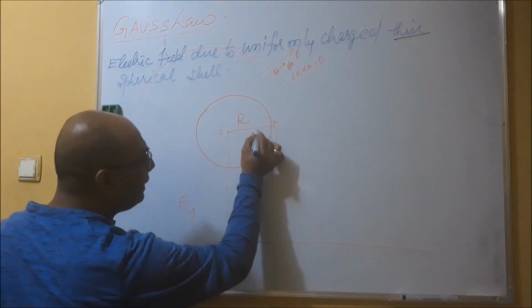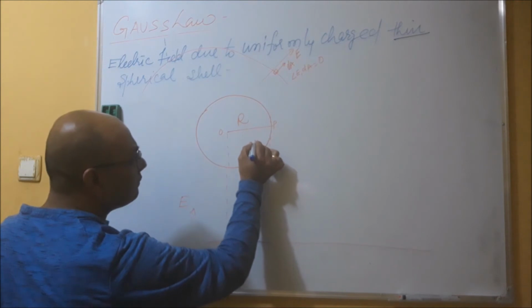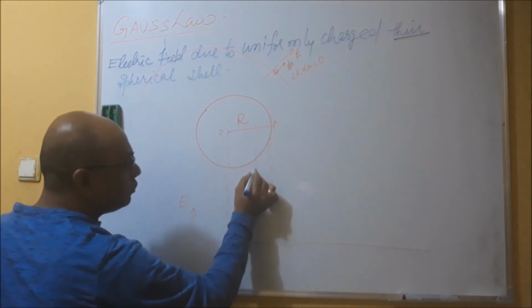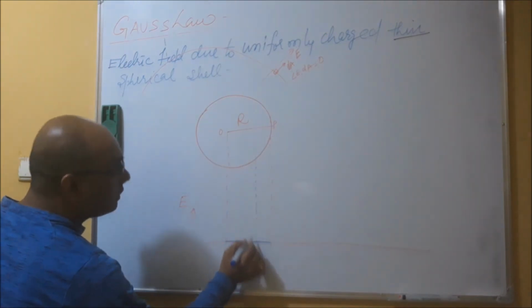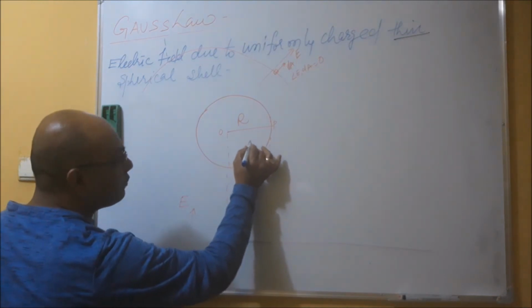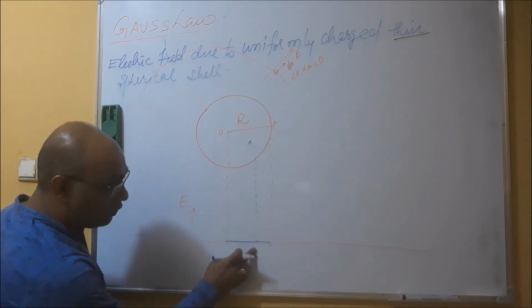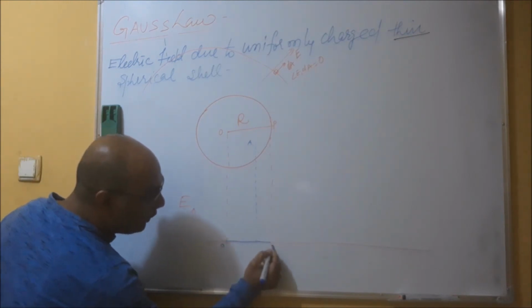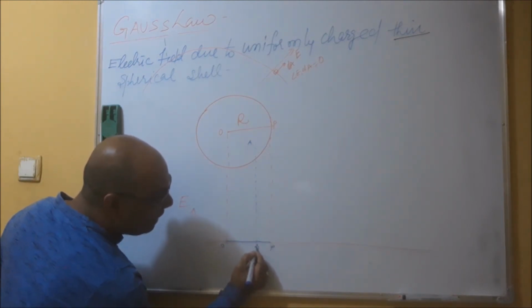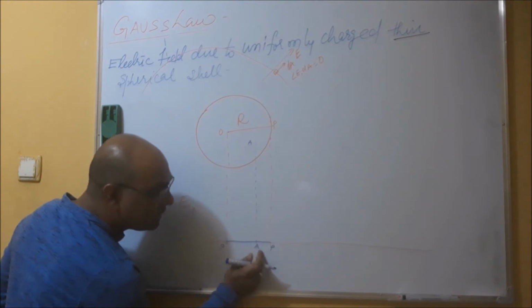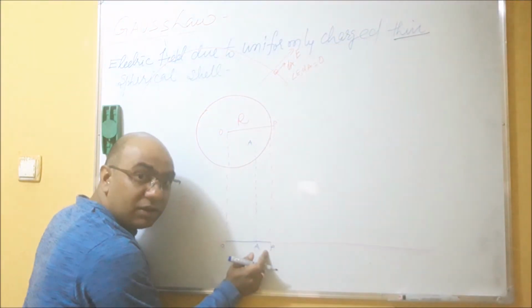At any point, suppose this point is A, the value of electric field is 0. So from point O to point P, everywhere you will find the electric field intensity is 0.